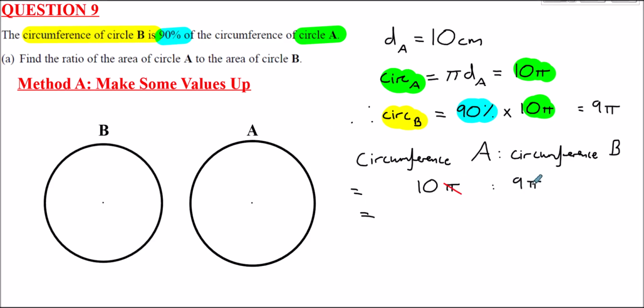We have 10 to 9. Now circumference is a unit of length. It's essentially going to be measured in centimeters or meters, and so this is a linear ratio.